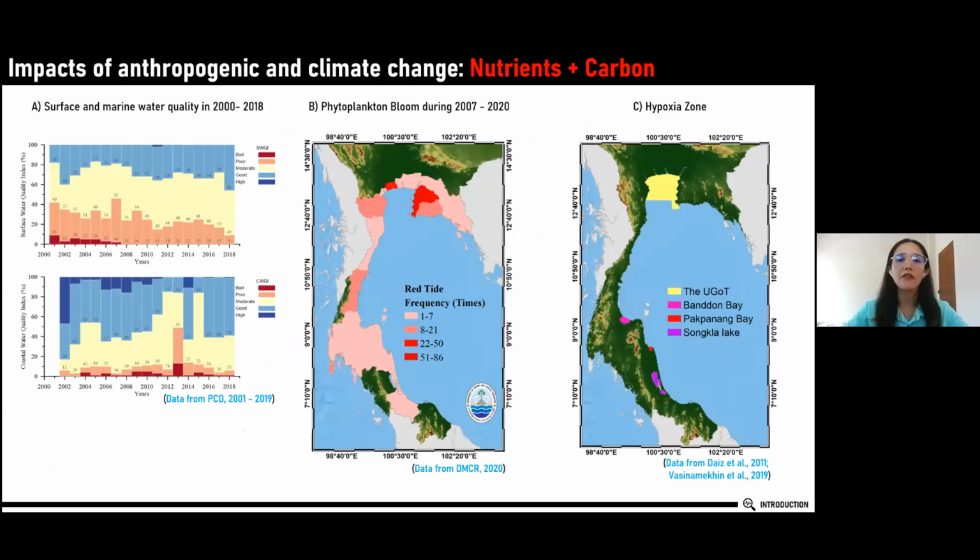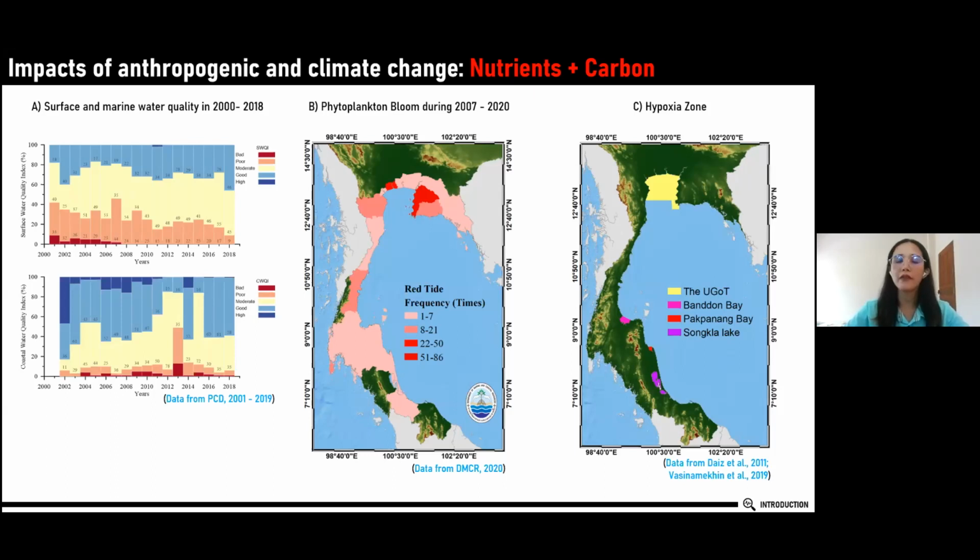And here, anthropogenic nutrients and carbon are hugely important aspects of marine environment change in Thailand. First, water quality over the watershed basin and coastal zone has degraded, especially in the estuary and coast of the upper Gulf of Thailand, due to low oxygen concentration and high nutrient pollutants. Secondly, phytoplankton blooms also vary, not only in the Gulf of Thailand but also in the Andaman Sea.